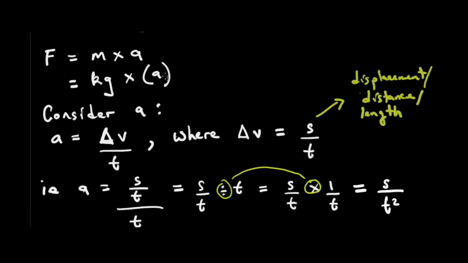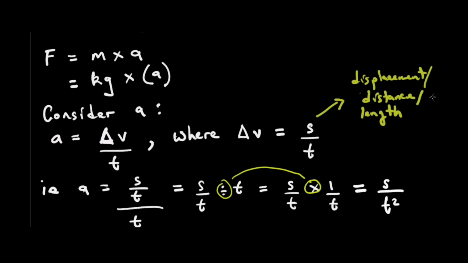We want to go back to where we said F is equal to, and we wrote mass in terms of its units, kg, multiplying a, and we separated a to deal with it, and found it to be m over s squared.